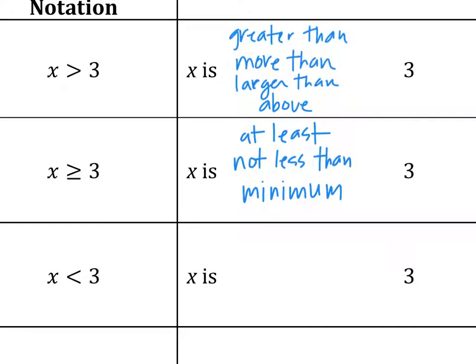Okay, now let's think the opposite. We're going less than now. What are some words that mean less than besides less than? Think the opposite of what we had for greater than. No more than. Yes, no more than or not more than. What else?